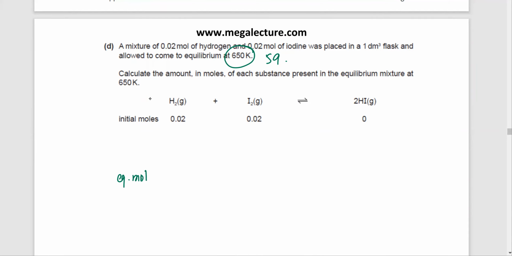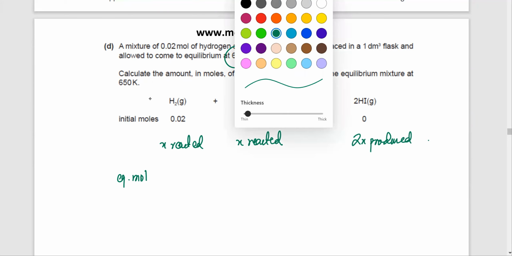you're going to assume that X reacted. So it's 1:1. So if X of H2 reacted, then X moles of I2 would also react. And on the other side, 2X would be produced. So that's our assumption.